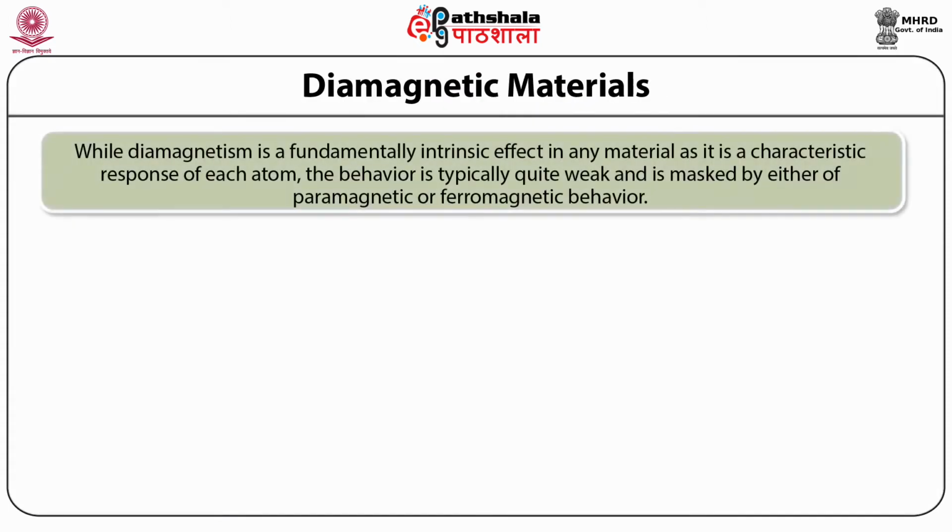While diamagnetism is a fundamentally intrinsic effect in any material, as it is a characteristic response of each atom, the behavior is typically quite weak and is masked by either paramagnetic or ferromagnetic behavior.